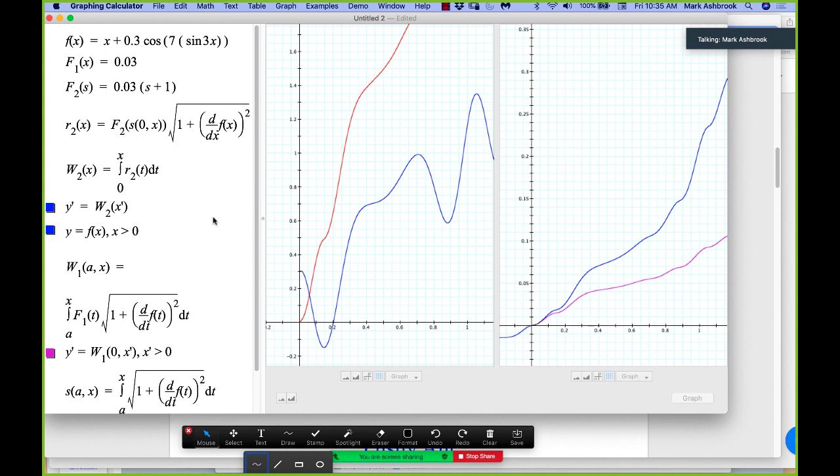It's still the force with respect to s, this function, and we need our rate function to be with respect to x. So this is the transformation. This is like the ds transformation from arc length to the x coordinate, just like we did here.